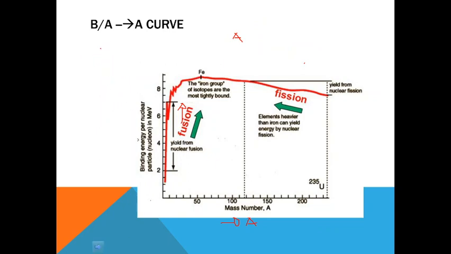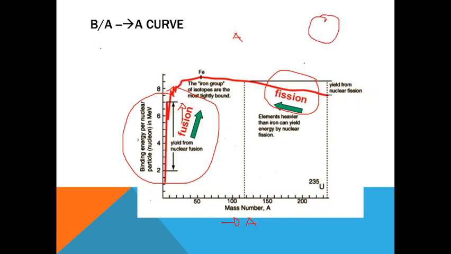Now let's try to answer the question which I posed earlier. Why should lighter elements have less B by A, which means they are less stable, and why should heavier elements have less B by A? For heavier elements having less B by A, the answer is again the large number of protons inside the nucleus.